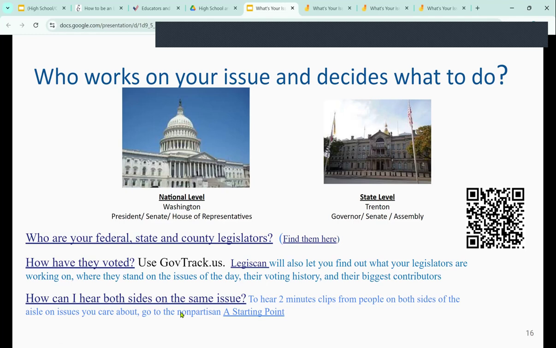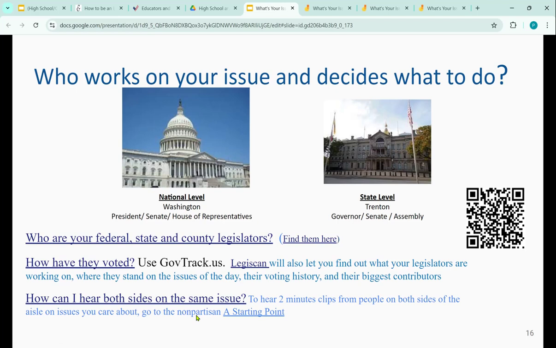So they need to understand what the other side of the question is. By going to A Starting Point, you can begin to get a sense of that. And once you know some of the people that are making a stand on a particular issue, you can find out more about their point of view, as well as begin to do some research on your own to follow up on what you've learned from those people.